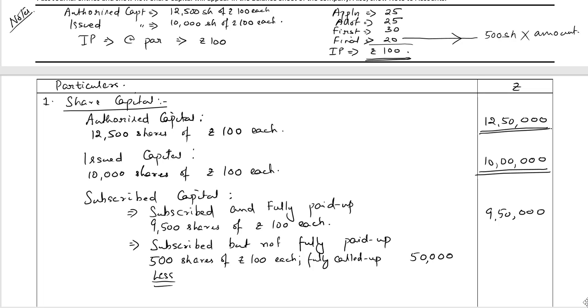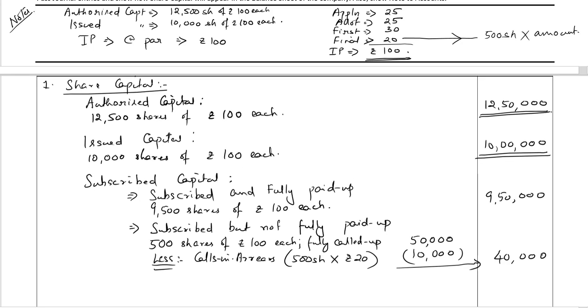And we will subtract the calls in arrears. On the 500 shares, the final call of rupees 20 per share is unpaid, comes up to 10,000 rupees. So in the outer column, we have 50,000 rupees minus 10,000 rupees, which is 40,000 rupees.